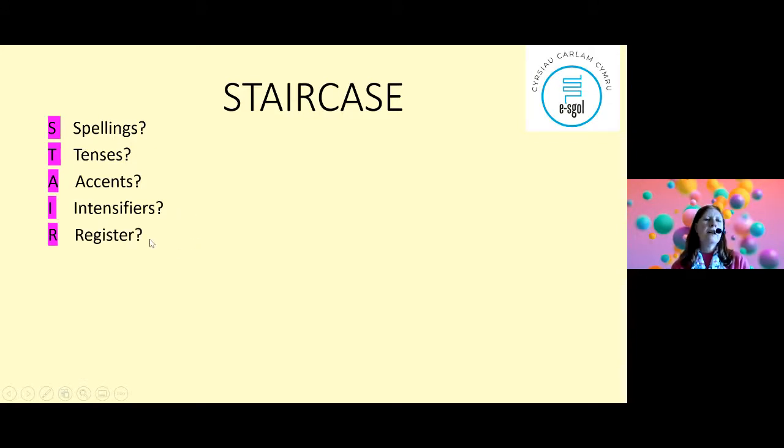Register, have you used the correct register? Is it a formal piece or is it informal? So should you be using tu or vous? Connectives, have you used your connectives correctly? Do you have the correct connectives? Have you ensured that your adjectives agree with the subject?